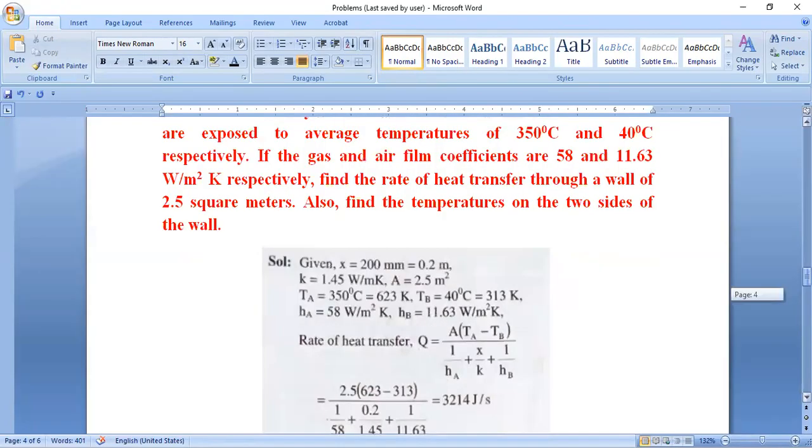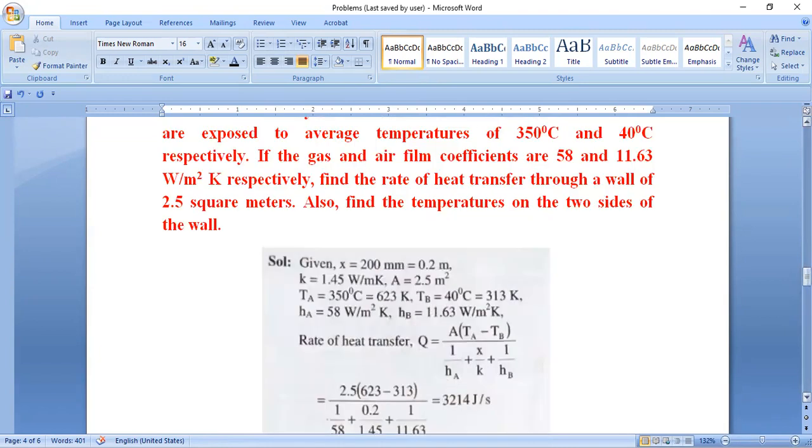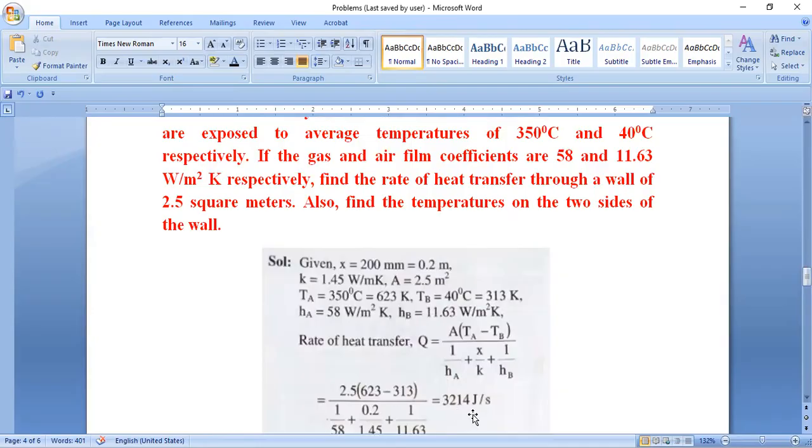Look at here, see 3214 joules per second. This is the rate of heat transfer.